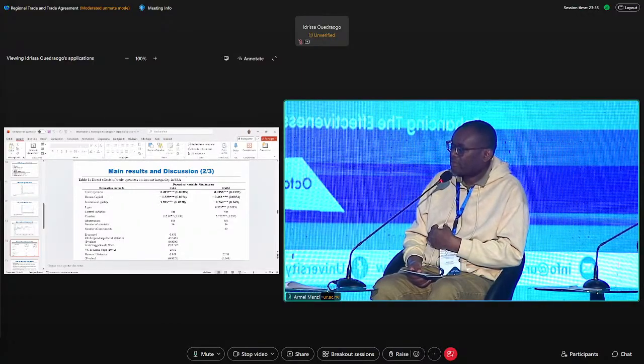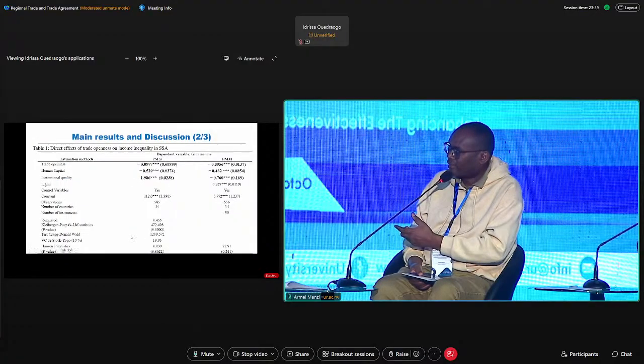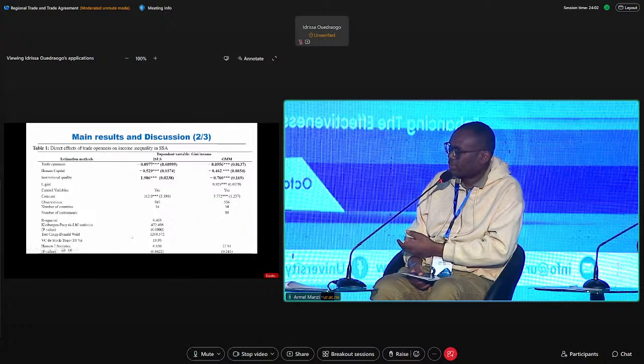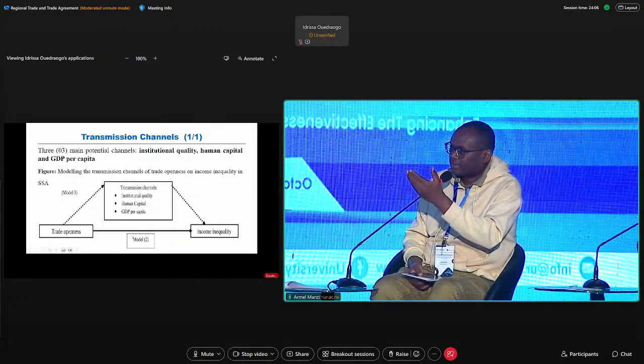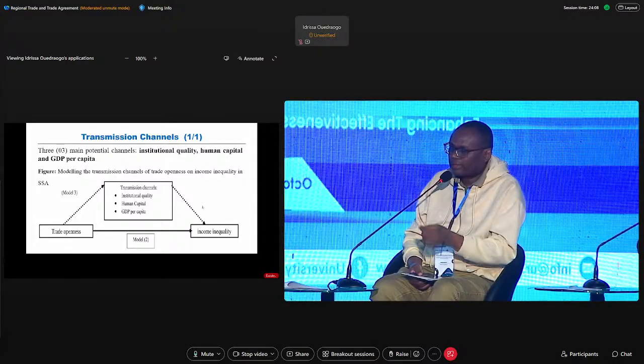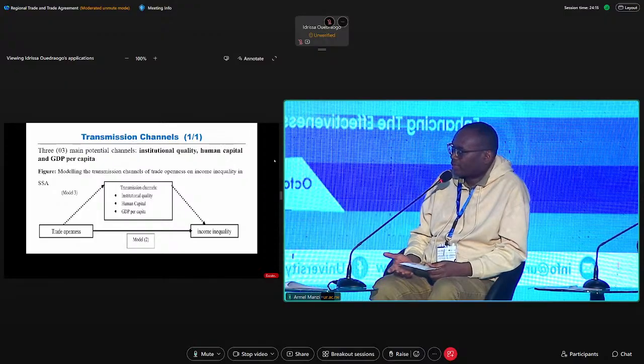For me, according to the table, there are other control variables which influence income inequality, and this can be justified even theoretically.